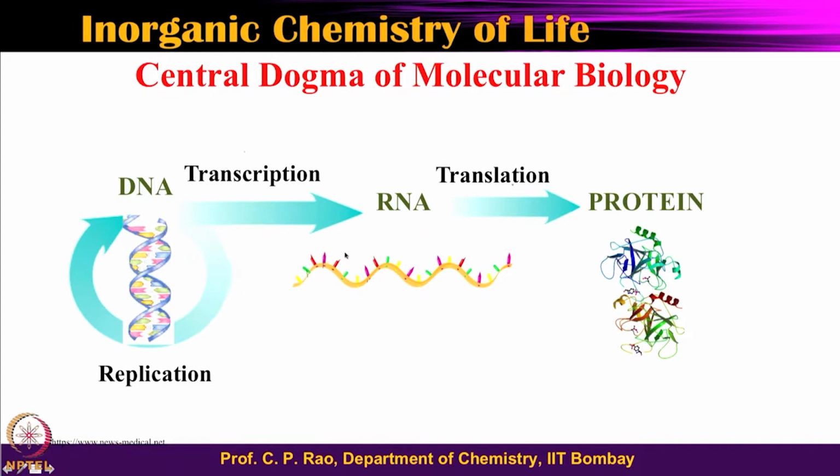So, that amino acid and the next amino acid and the next amino acid, and each of these adjacent amino acids are connected by the peptide bond, and the protein is generated. So, you are going from a DNA of this kind of structure, double helical, to a protein, which may have a helix, may have beta sheets, but not a double helix. It is a different kind of structure. Okay. So, one way you can say the protein is a kind of daughter species coming from the DNA.